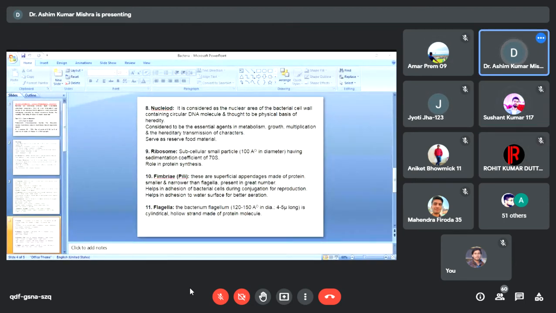So this 70S, what is this? That means at a particular RPM for a particular time, and the concentration is also very important, when these bacterial cells are centrifuged, at that value of 70 the ribosomes get sedimented as pellets.